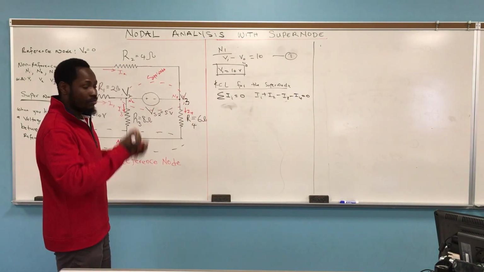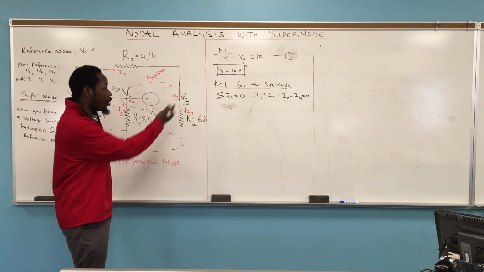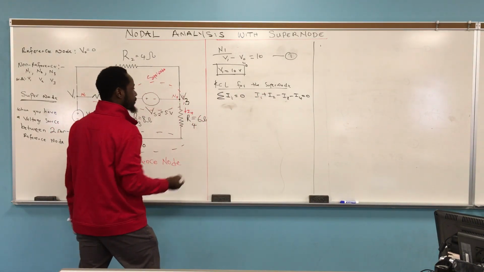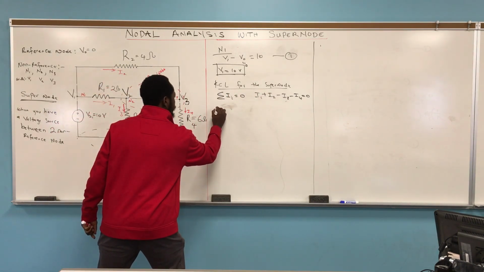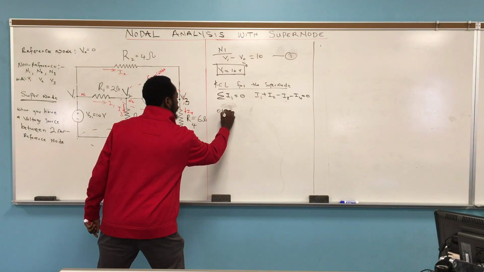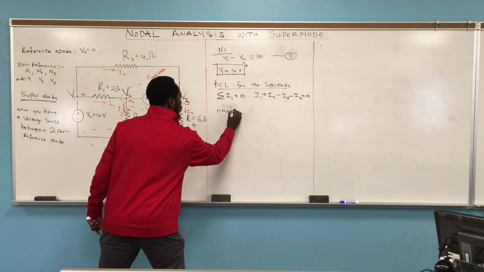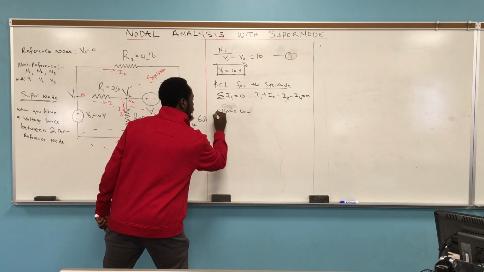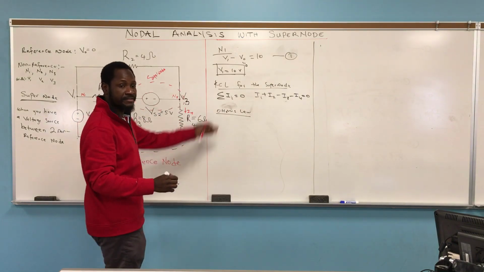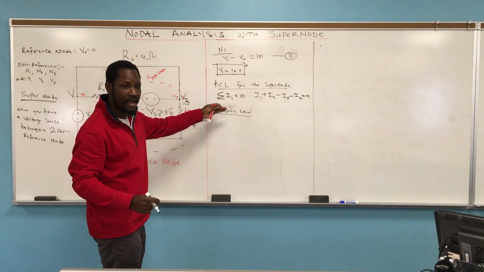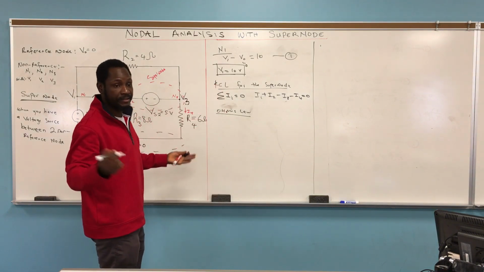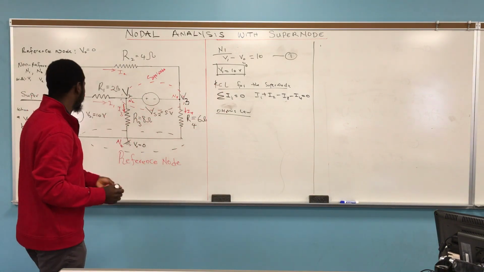Now, what is Ohm's law for all these guys? Ohm's law says the current is the potential drop across the resistor divided by its resistance.